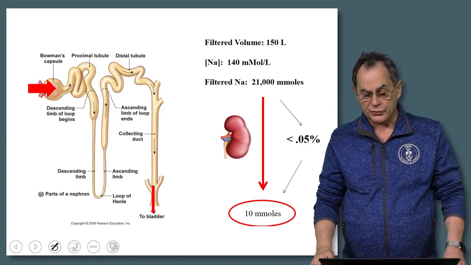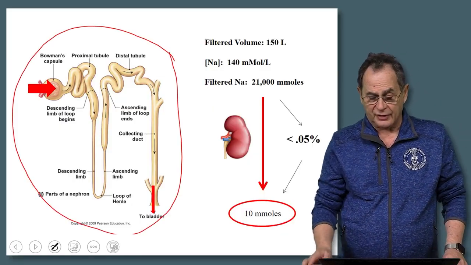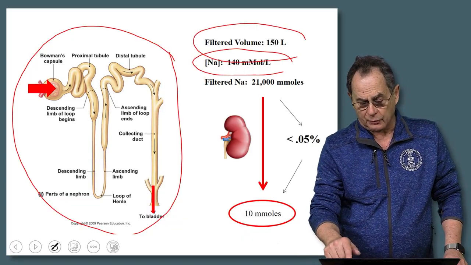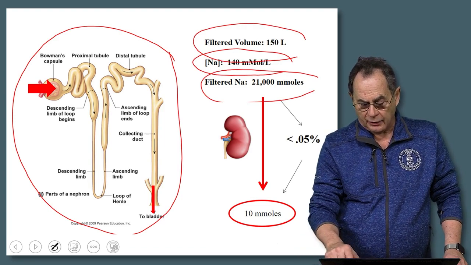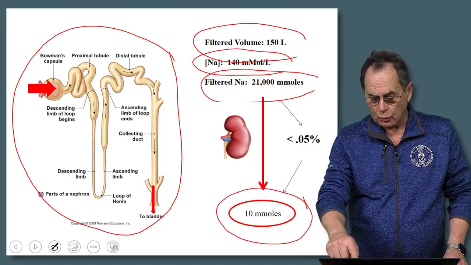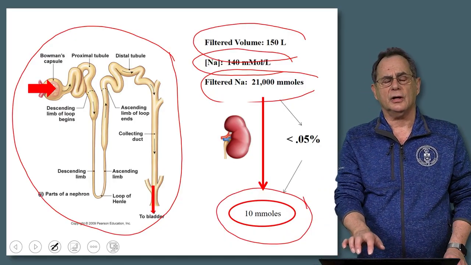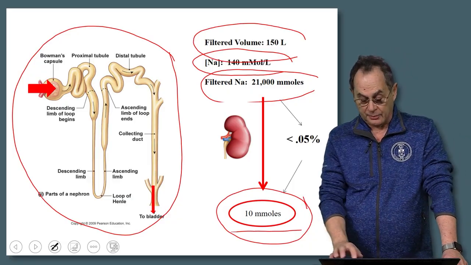So here's the example we're going to try to address. Here's, of course, our nephron to remind us of the anatomy. Here's going to be our filtered volume. Here's our sodium concentration in each liter. Here's what we filter. And what we're going to do is say, how do we increase the reabsorption of sodium so that instead of excreting 150 millimoles, we only excrete 10 millimoles.